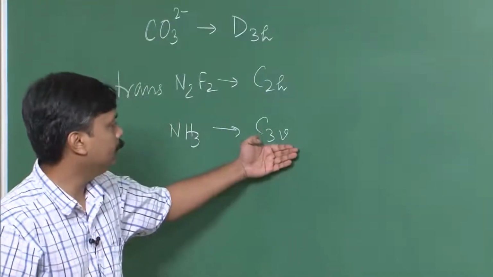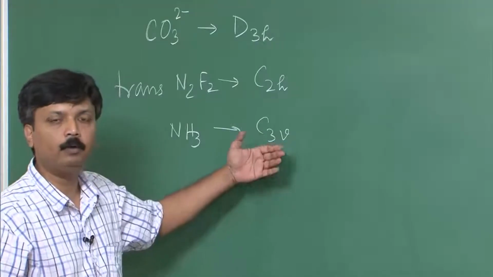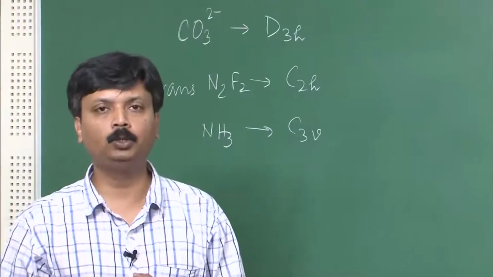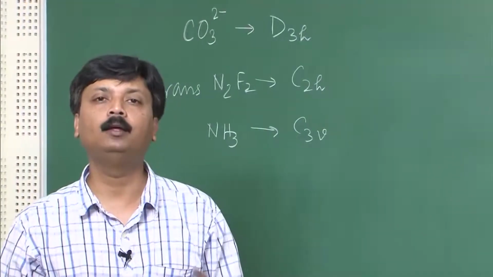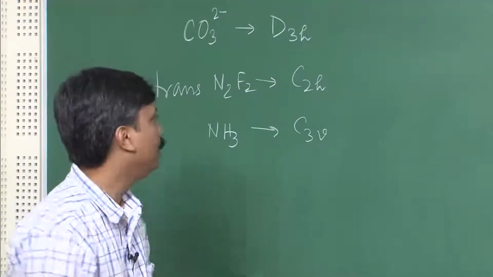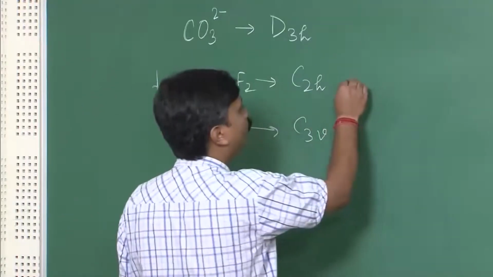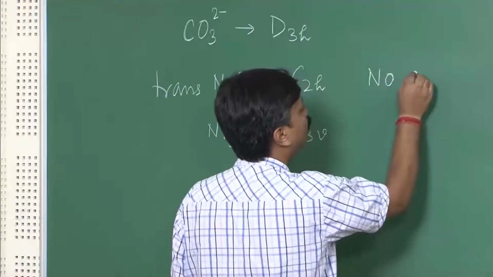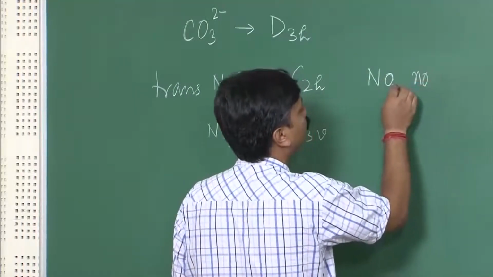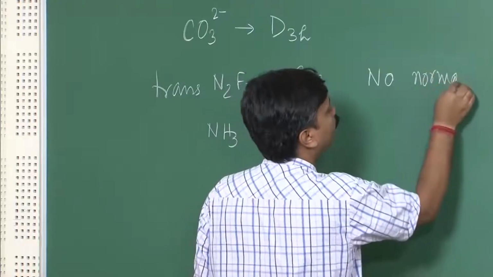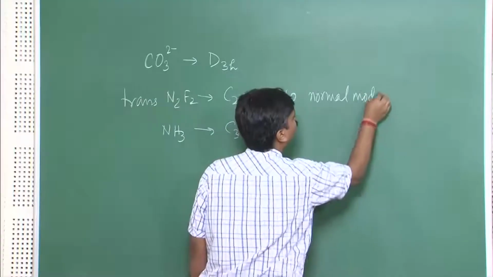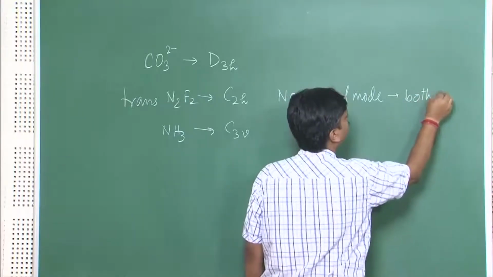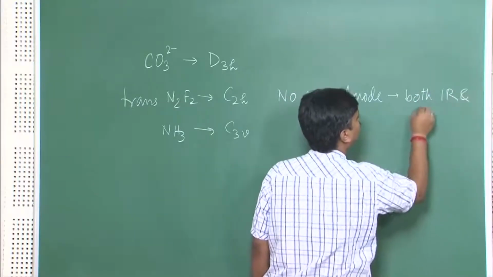In the last case, that is for C3V point group, we figured out that there are normal modes which are both IR active and Raman active. Now, in this particular case, we found that no normal modes are both IR active and Raman active.